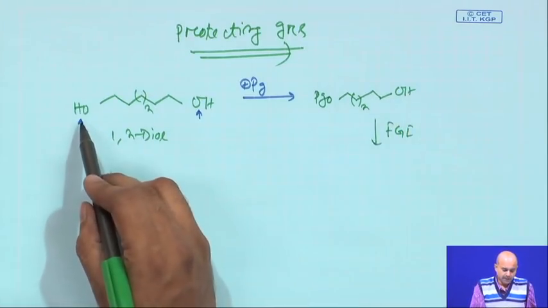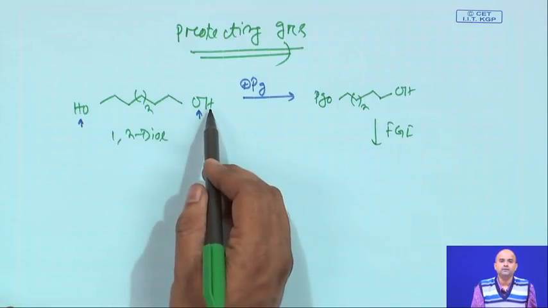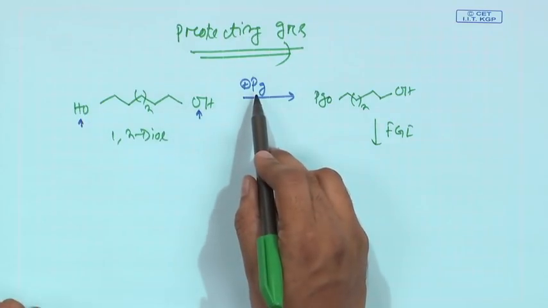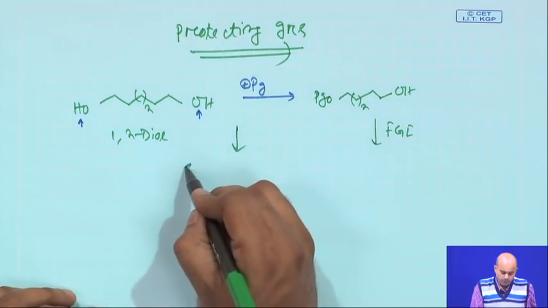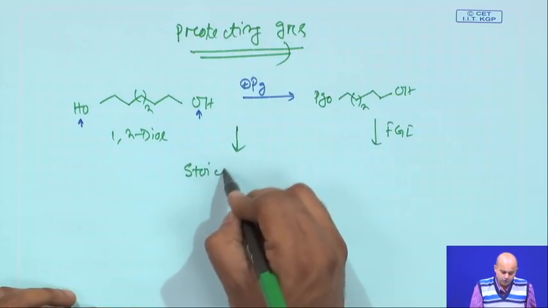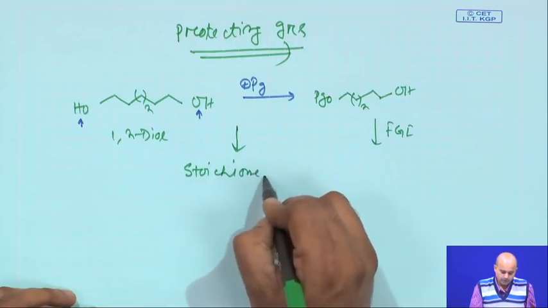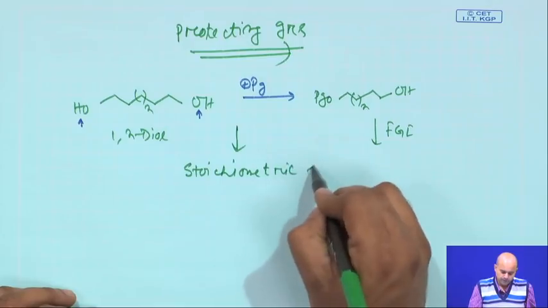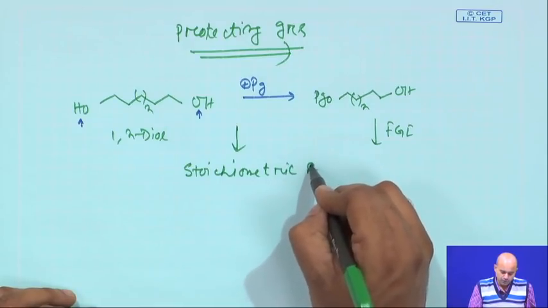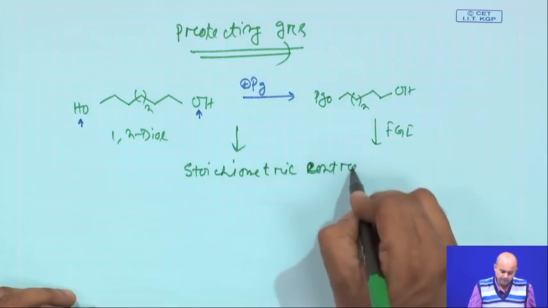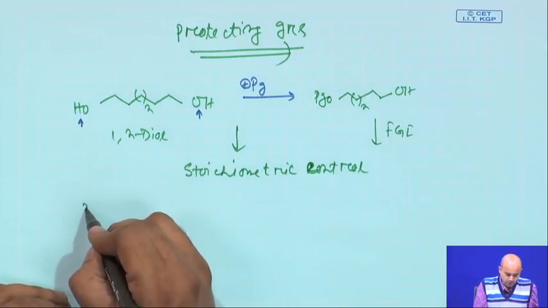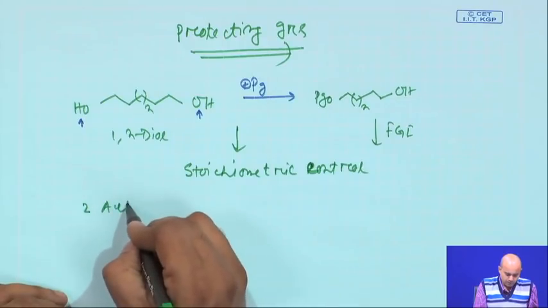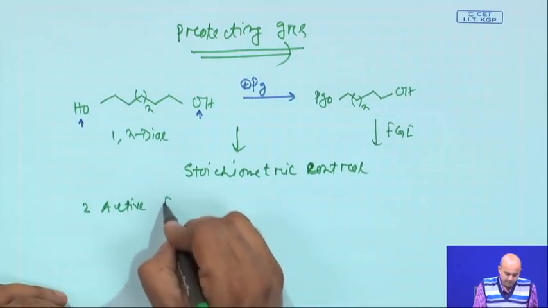Now, the point is both the groups have equal reactivity, how can you selectively protect one functional group? Here basically you have to use stoichiometric control. Stoichiometric control means that as both the groups are equally reactive, you have two active functional groups, two active FG.